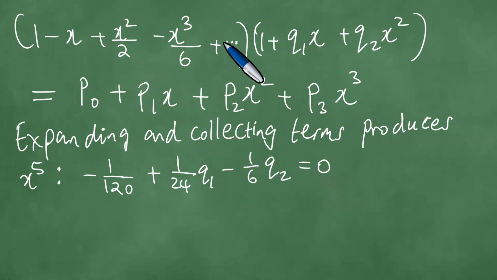The coefficient of x to the power 5 is going to become 0 on the right because there's no x to the fifth power. Expanding and collecting terms produces this.